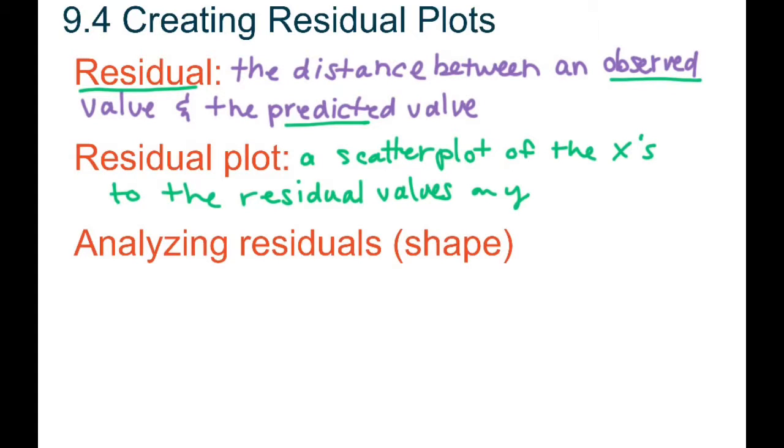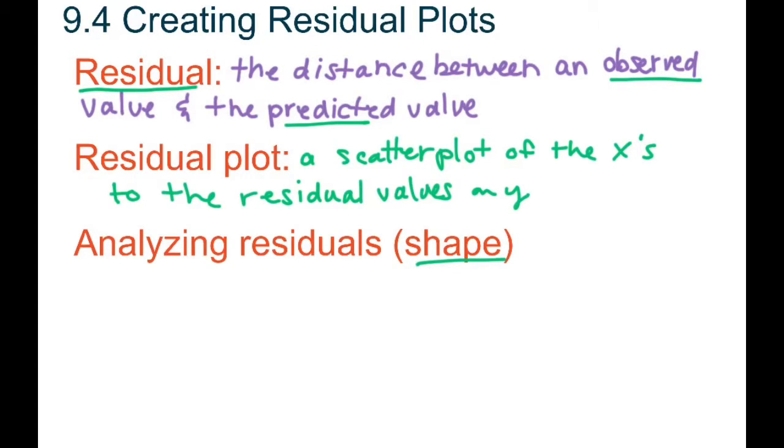And then what we're going to do with those is analyze them by looking at their shape. So I'm just going to first show some examples of shapes that we would look at and what the shapes mean. There are two main things that we need to look at.